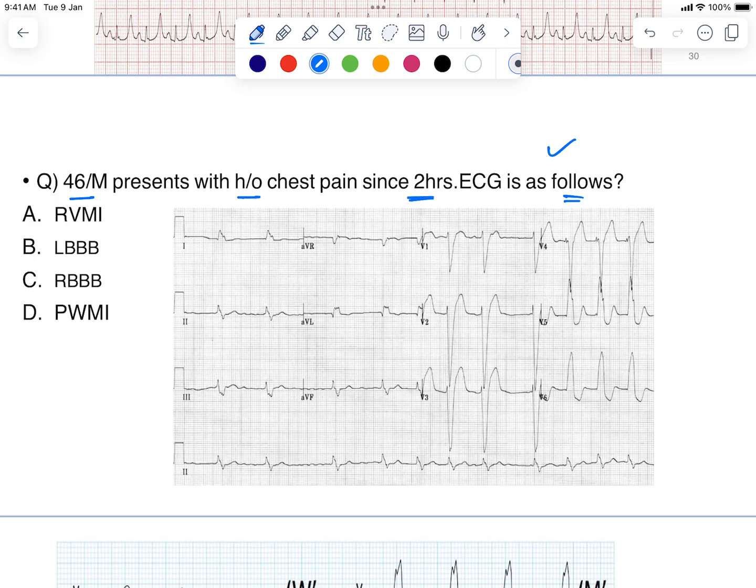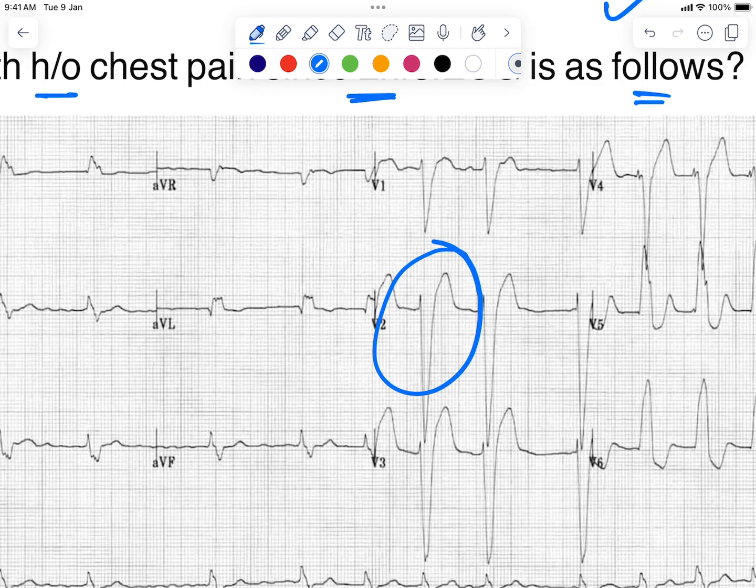Okay, so this particular ECG I have discussed when I was discussing the QRS complex. Now if you observe the QRS complexes in these patients, what is it that you are observing? The abnormality is there is wide QRS complex. The QRS interval is more than 120 milliseconds.